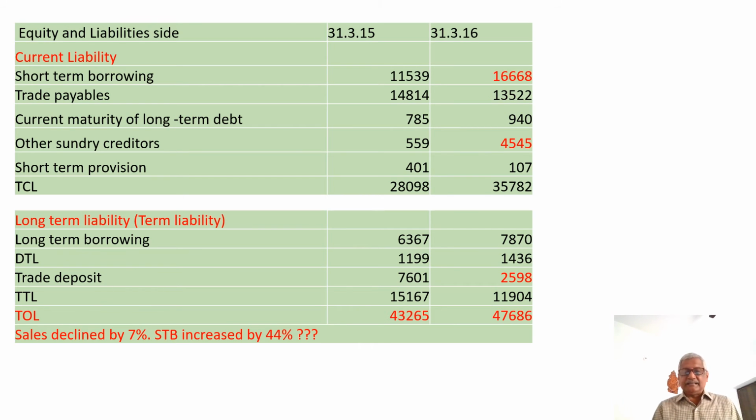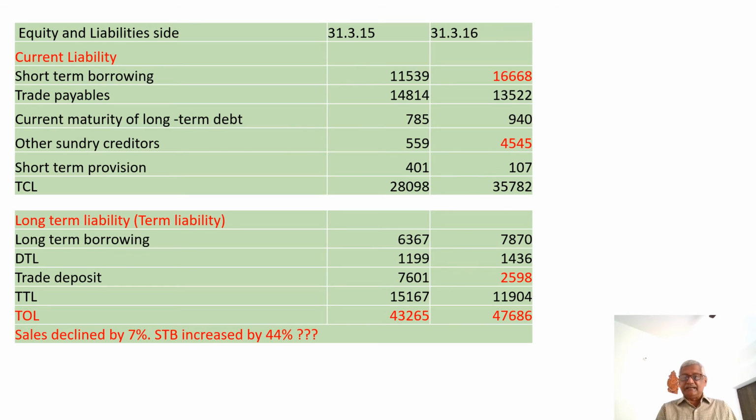Now coming to current liability, the breakup, as I have told already, there are two things which become noticeable: the spurt in the working capital finance and the spurt in the other sundry creditors. When it comes to long-term liability, there is an increase in the long-term liability. The second one is deferred tax liability, which we have already discussed earlier, which has increased by almost 2 crore.